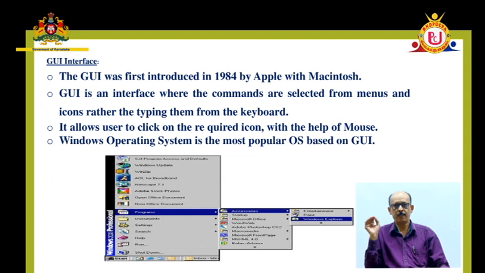There are so many. Using such devices, you can operate the system and get the work done. This is actually called the graphical user interface. It is the most popular and recent one, and all devices, including your mobile phones, have this user interface.